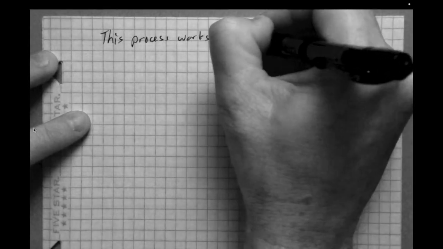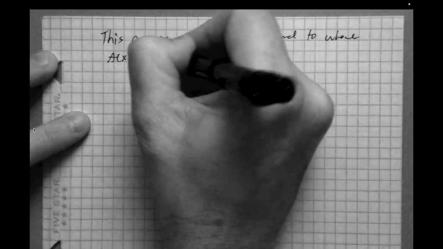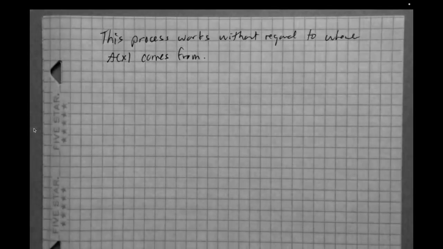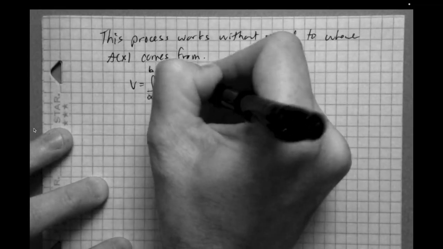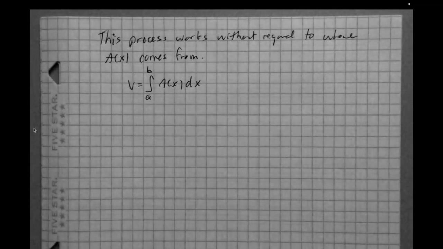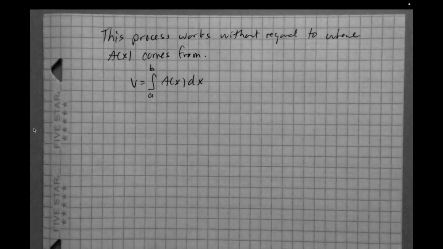This process works without regard to where A of x comes from. Specifically, when I say that the volume is equal to the integral from a to b of A of x dx, this process works. It doesn't matter where we get the A of x. What we're headed towards is finding this A of x using integration itself, and then you would have an integral within an integral, and you would get your iterated integral.